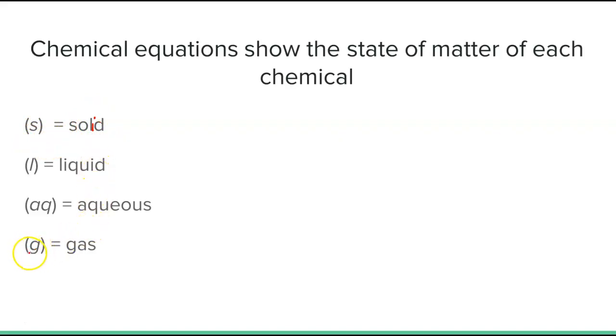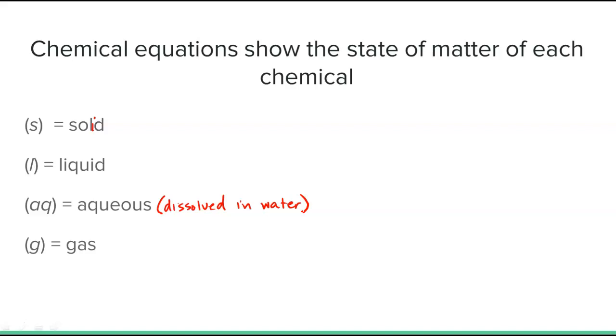We also have G representing gas. The one that you may not have seen before is AQ, which stands for aqueous, and that means it is a chemical that is dissolved in water. As soon as anything's dissolved in water, we simply write AQ.